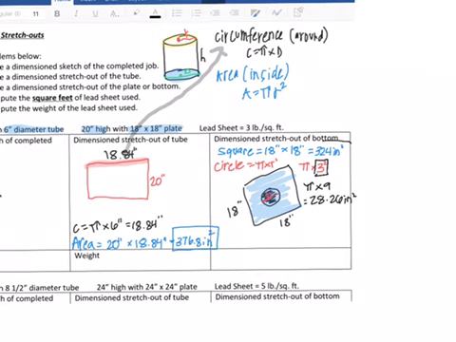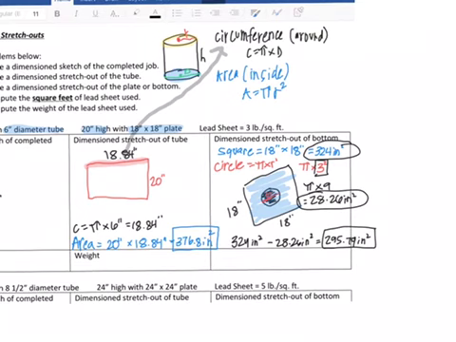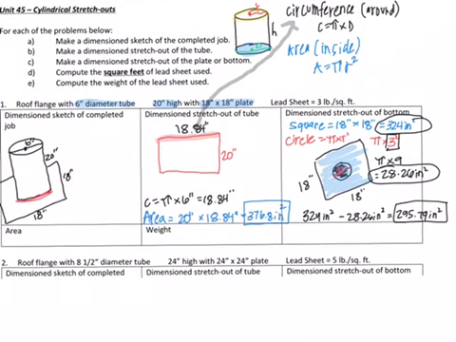And so now I've got to take my total square and I've got to subtract out that circle. So I'm going 324 inches squared minus 28.26 inches squared. And I'm getting 295.74 inches squared. So we found the area of both of our pieces, so now we've got to add them together.